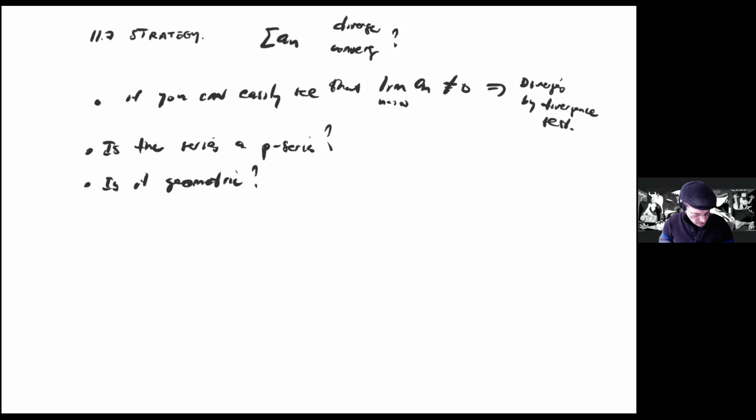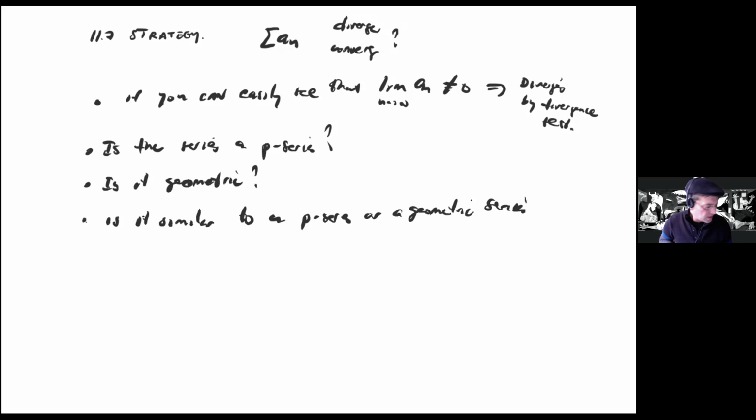So now we start getting interesting here. Is it in some way similar to a p-series or a geometric series? Well, then you may want to consider one of the comparison tests, maybe the comparison test, assuming the series has non-negative terms, or maybe the limit comparison test may be useful.